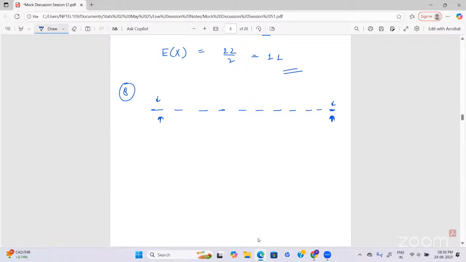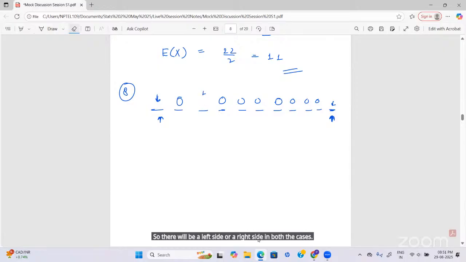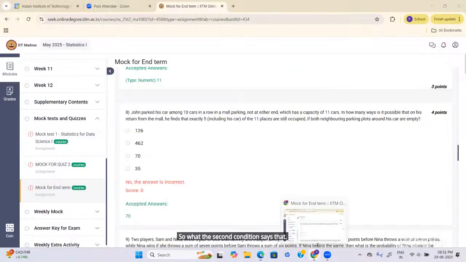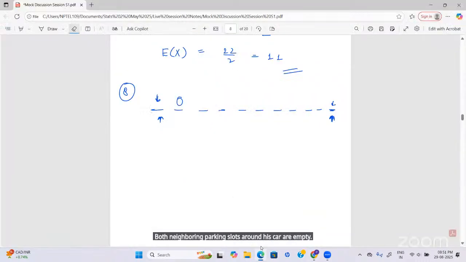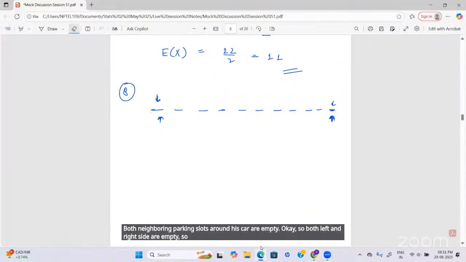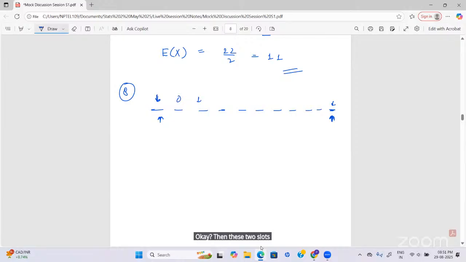He can park his car here or here or in these positions, so there will be a left side and right side in both cases. The second condition says that both neighboring parking slots around his car are empty, both left and right. So if he is parking the car here, then these 2 slots will be empty. Is this condition clear to everyone?